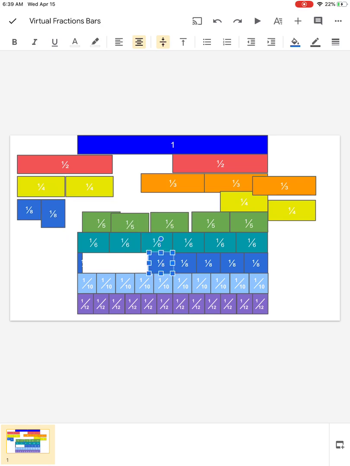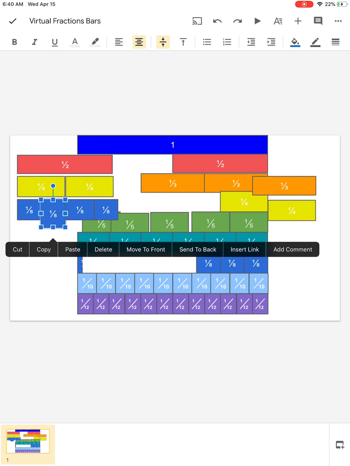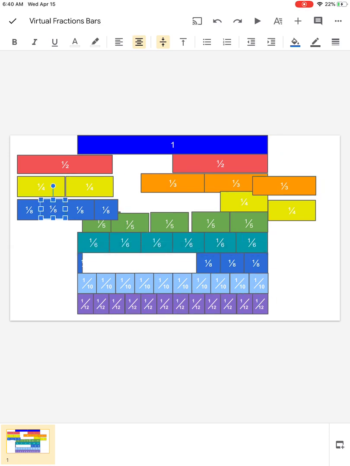That's 2, 3, and then 4. So 4/8 equal 2/4 and 1/2.